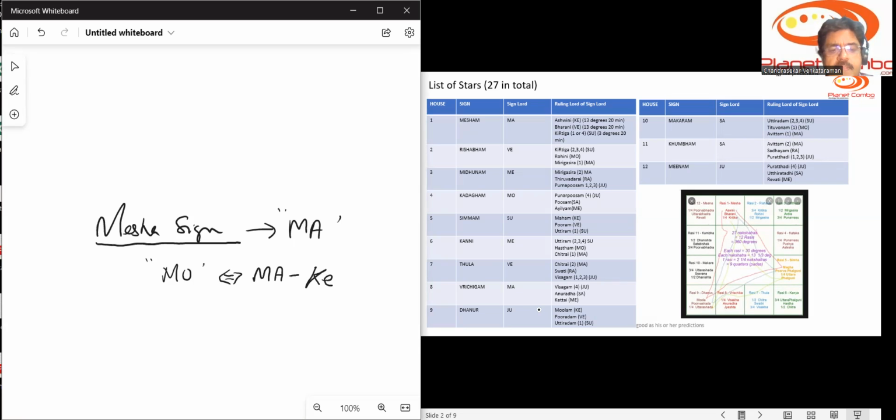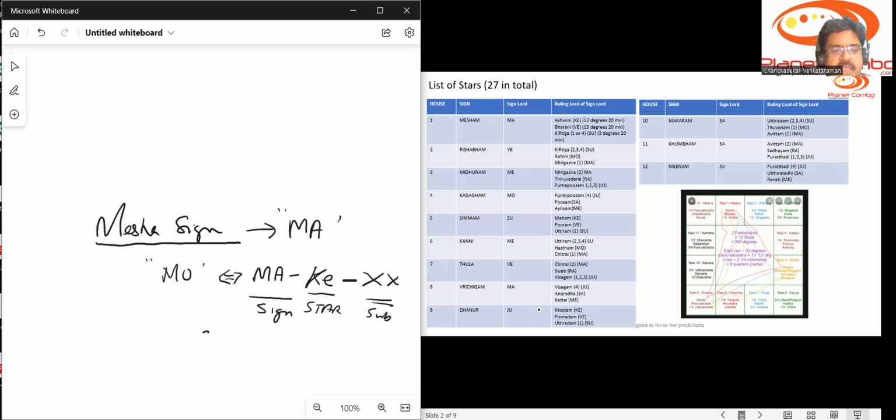Then in KP astrology, this is again subdivided into a sublord, which we will understand later. So this is the star lord, this is the sublord, and this is the sign lord.